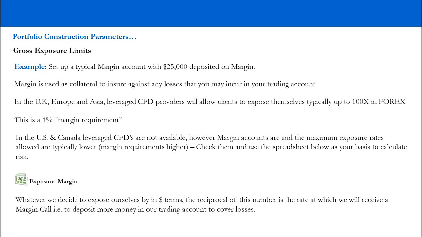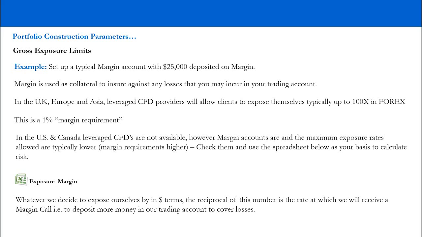Now, we know the reasons why we put $25,000 on our trading account, so we're not going to labor the point too much. If you go right back to the beginning of the video series in Foundation, you'll see why. Now, margin, if you remember the definition of it, it's used as collateral to insure against any losses that you might incur in your trading account.